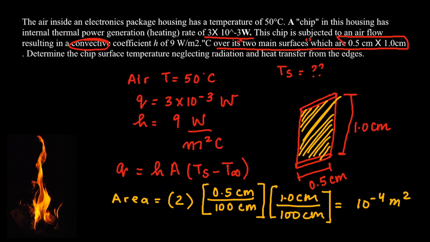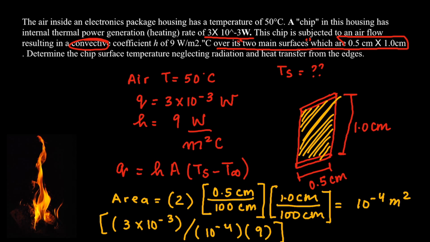So now to calculate for Ts, you know Q is 3 times 10 to the negative 3. You divide it by area, which is 10 to the negative 4. I will rewrite this. 3 times 10 to the negative 3, divided by area, which is 10 to the negative 4, divided by H, which is 9.